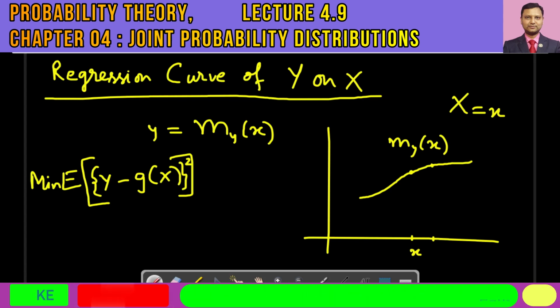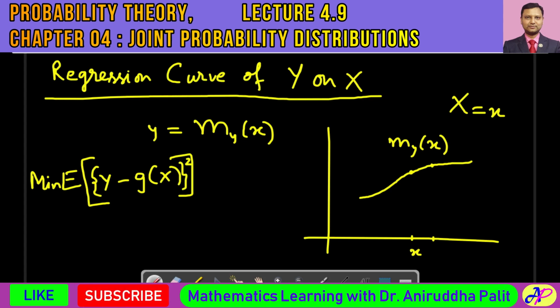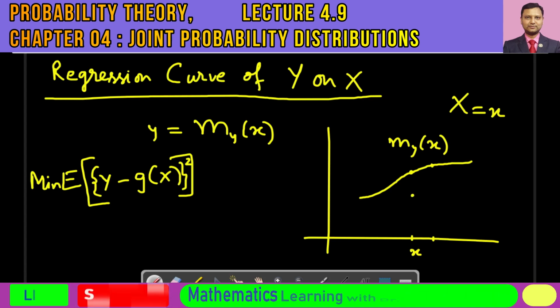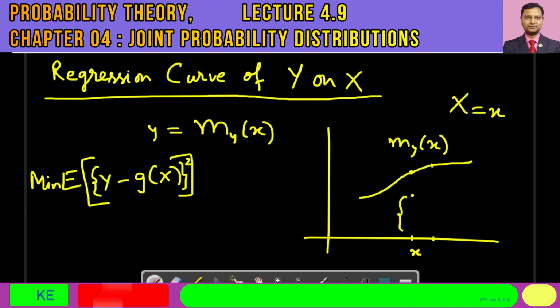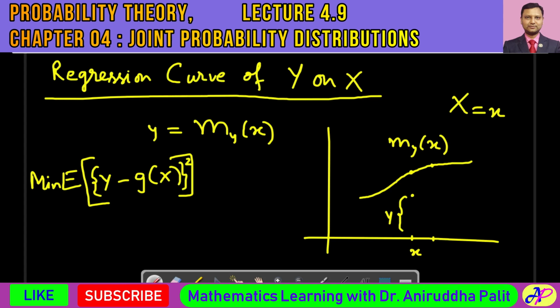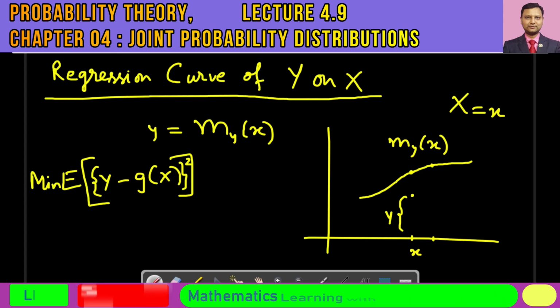Okay. So geometrically, what does it mean? Geometrically, suppose this is the value of x, and we may have the value of y something like this. This distance might represent the value of y.